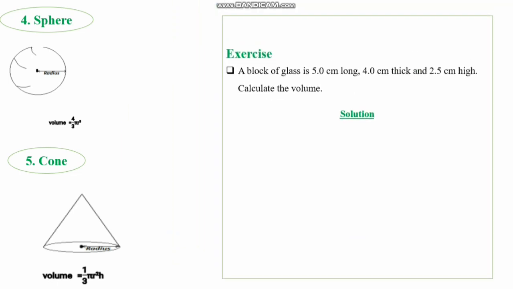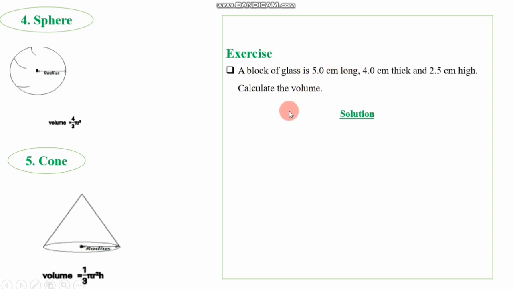So let us look at this exercise. A block of glass is 5 centimeters long, 4 centimeters thick, and 2.5 centimeters high. Calculate the volume. As you can see, the dimensions are not the same. That means that solid is a cuboid.